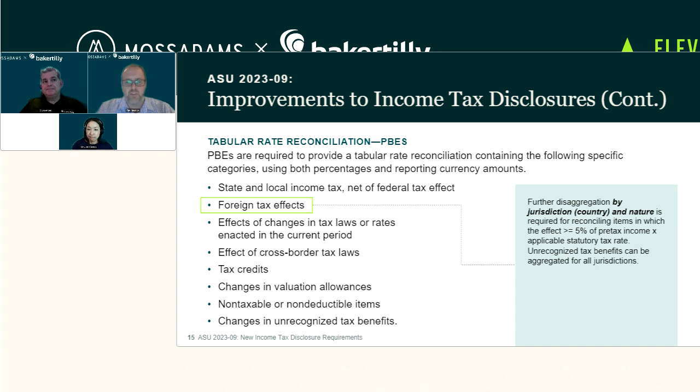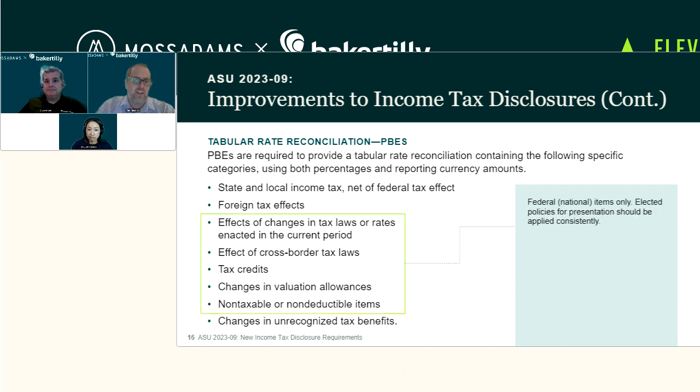Even if you don't have jurisdictions that meet that percentage threshold, you could still have disclosure amounts if there are items within that, by their nature, are separate reconciling items that would require disclosure. So it's sort of the items within the items. Again, you first want to break it apart by jurisdiction and then by its nature. And again, unrecognized tax benefits related to the current year would also go into that category.